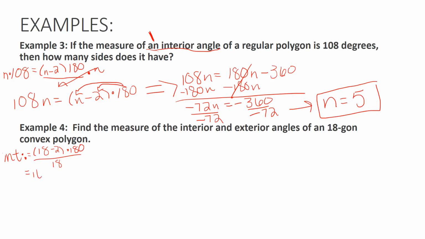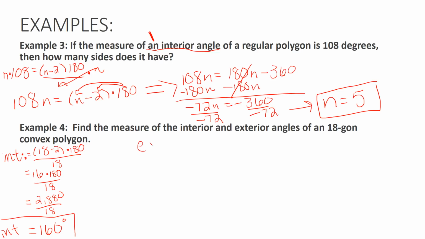So 18 minus 2 is 16, times 180 all over 18. 16 times 180 is 2,880, divided by 18. And 2,880 divided by 18 is 160 degrees for an interior angle.